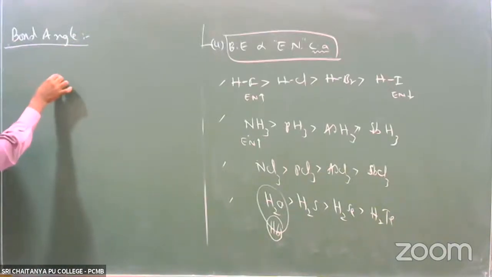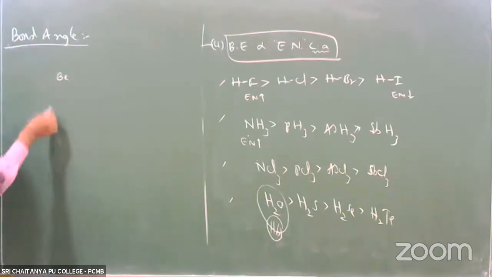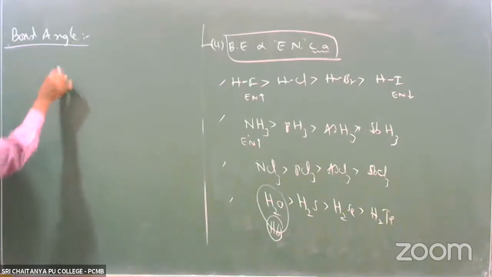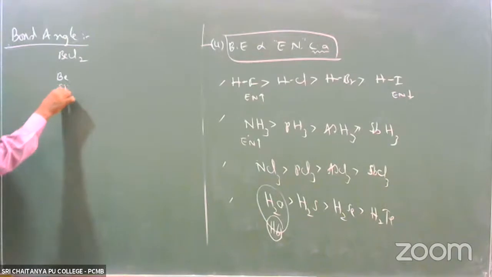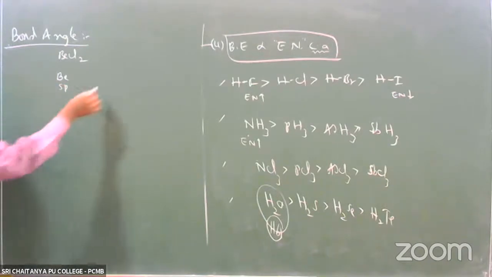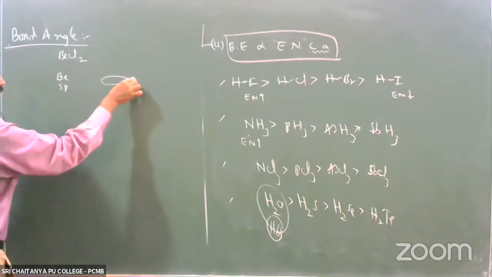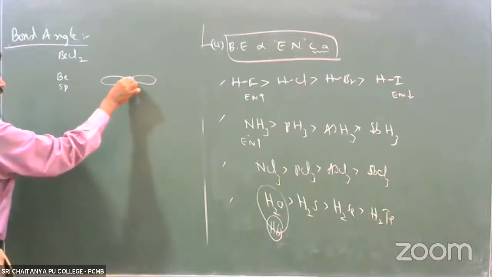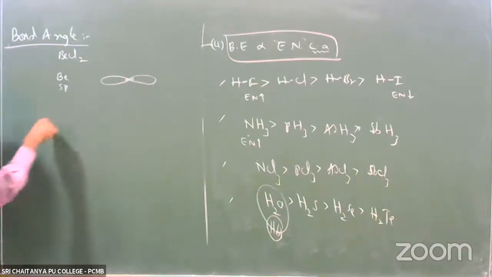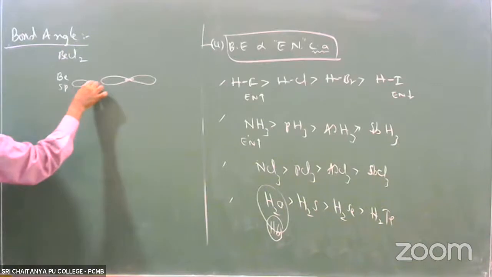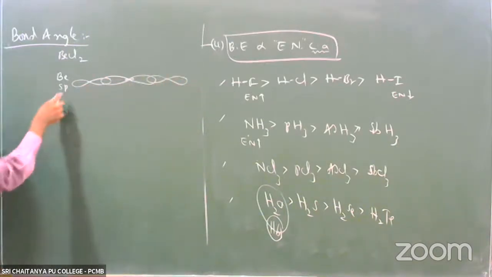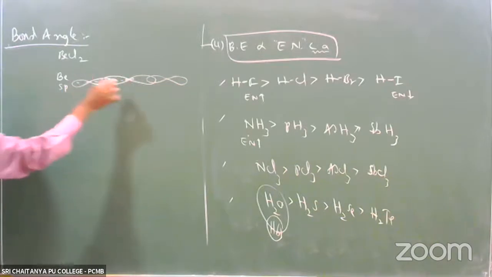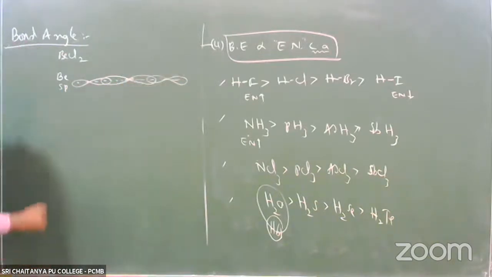For example, take beryllium chloride. The central atom, beryllium, undergoes sp hybridization. So this is one sp hybrid orbital, this is another sp hybrid orbital, and these overlap with the p orbitals of two chlorine atoms along the internuclear axis, forming two covalent bonds.